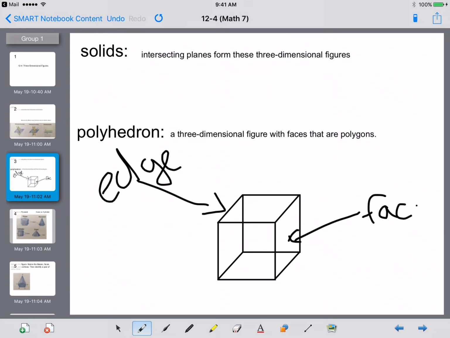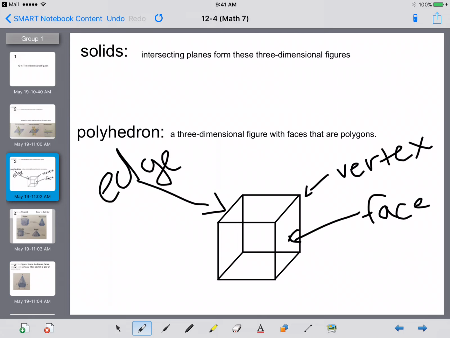So on a cube, there are 6 faces. Think each place where a number would be on a die is a face. Your edge is where two faces meet. And a vertex is like the corner where multiple faces meet.